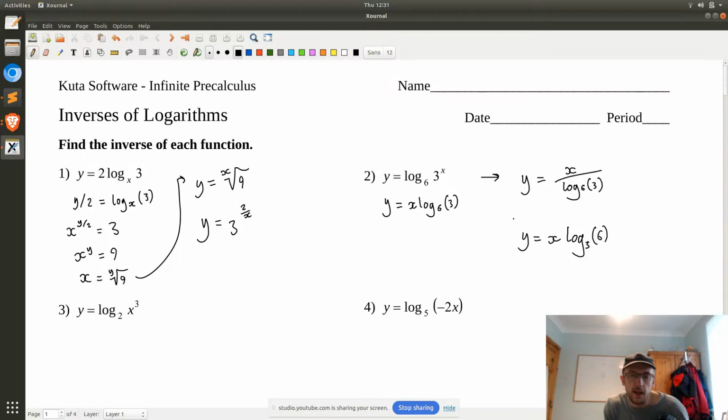But the real way to test this is with inputs. So I'll input 10 and I'll see what I get. Okay. So log base 6 of 3 to the 10, 6.13. And then I'll put in 6.13 over there.